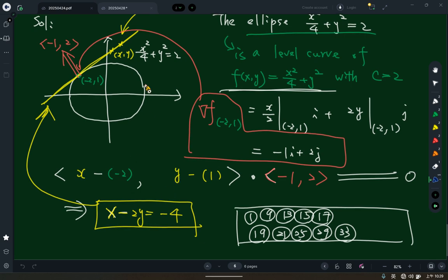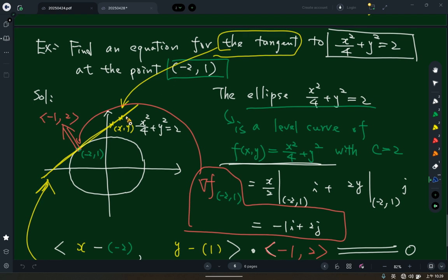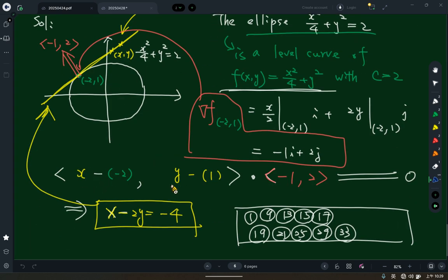So then we can think about it this way. Take any point x, y on this line. When we form a vector from -2, 1 to x, y, this vector should be orthogonal to the gradient vector.